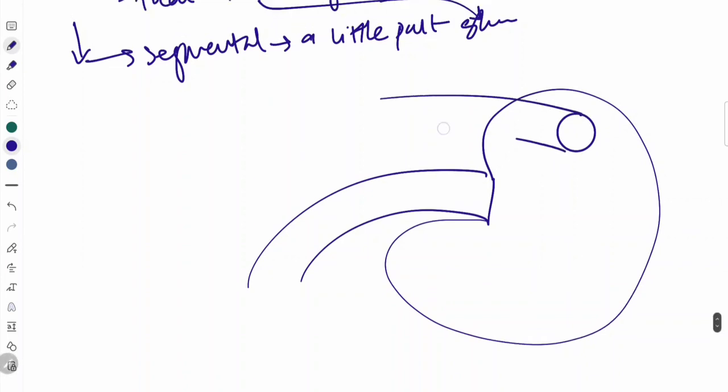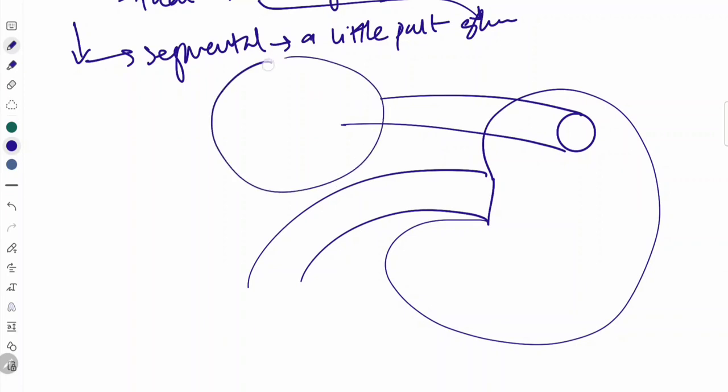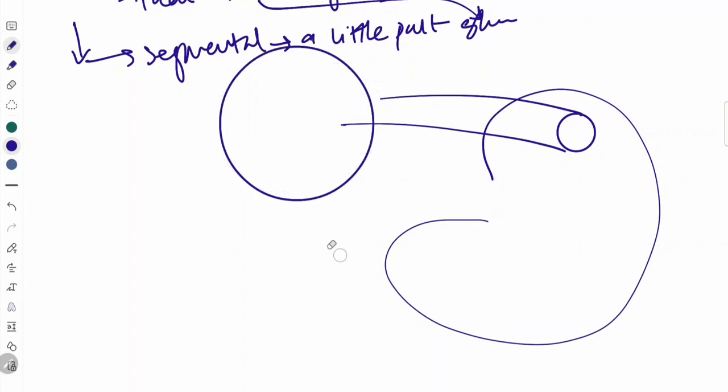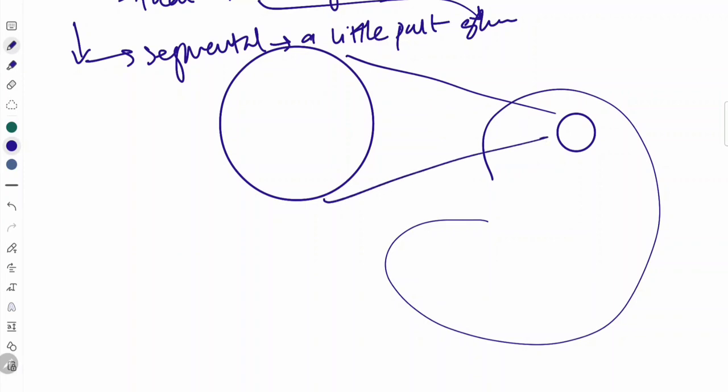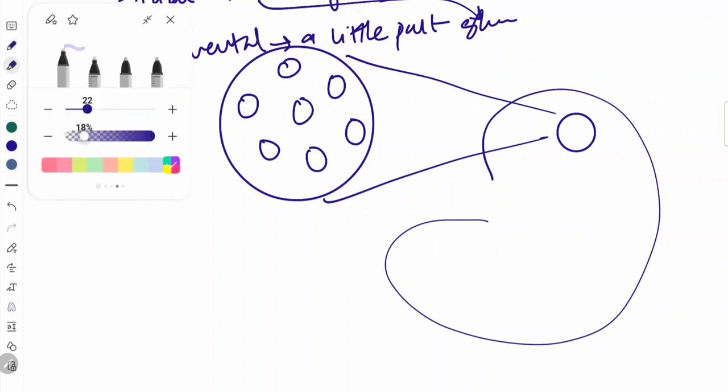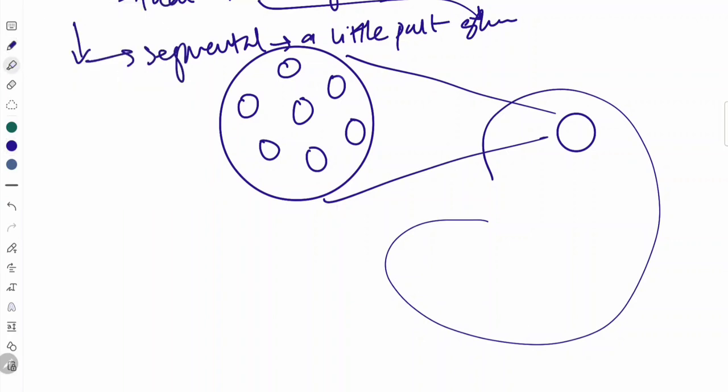In this part, let me zoom it here. If you zoom in here, what you see is glomeruli. There is one glomerulus, two, 3, 4, 5, 6, 7. So what does focal mean here? Focal means that only this part is being affected.